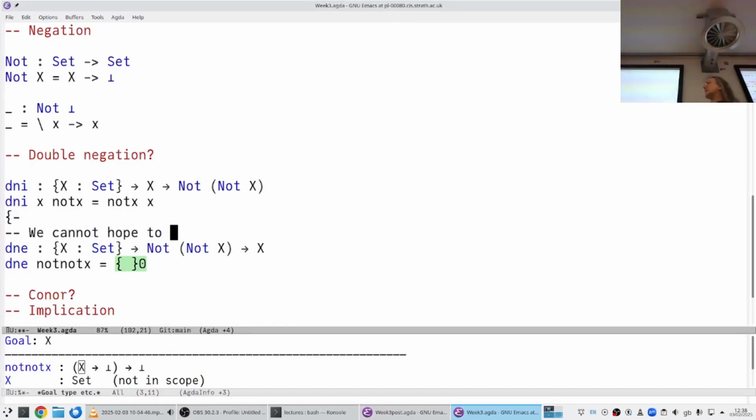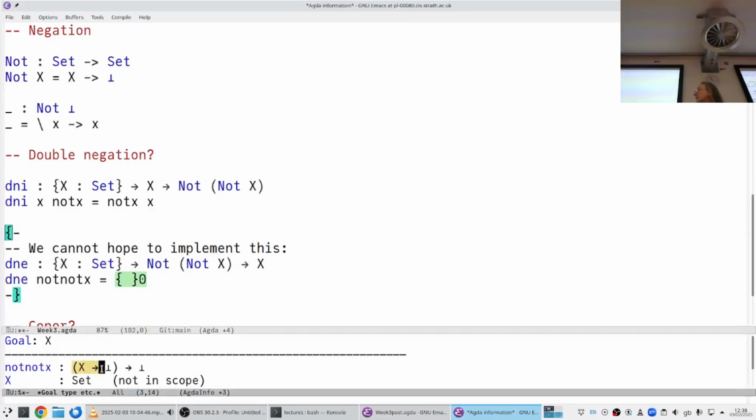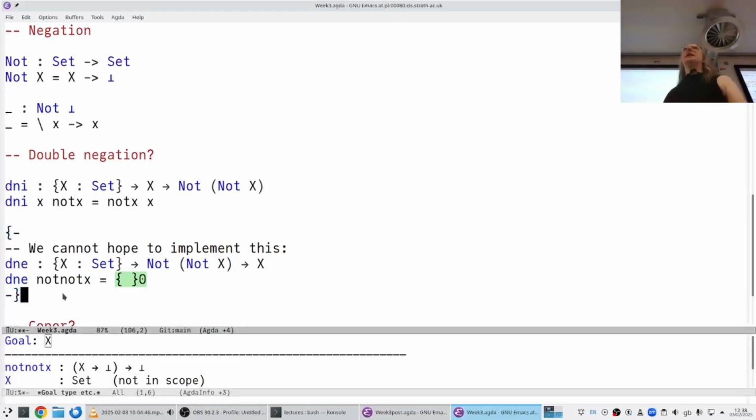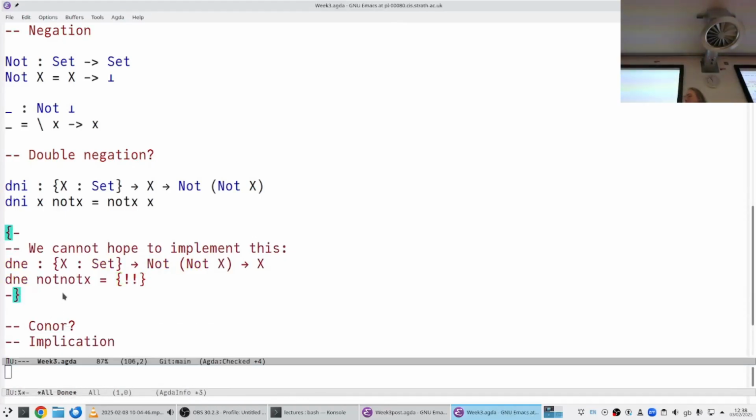Should we try to produce an X, or should we try to say that what we give them is nonsense? Because if X is empty, then this says that empty goes to empty implies empty. And empty goes to empty is easy. That's the identity function. So this says we have an element of the empty type, which means that the input was impossible. Right? And that's very different to pursue that strategy compared to the strategy where we try to come up with an X. So the problem is we don't know which one of these two cases we are in, so we can't implement this function.